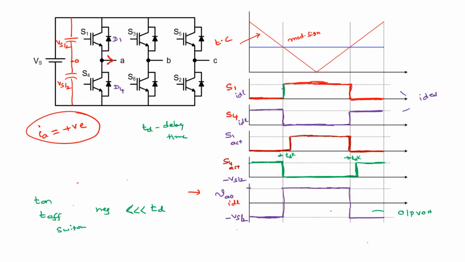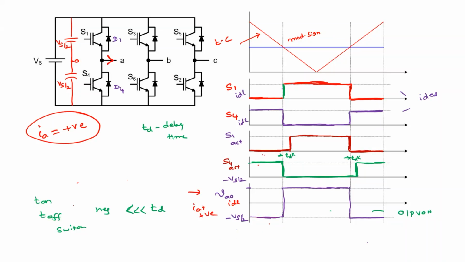If you assume positive current from here to here, this pulse is high and this pulse is low.